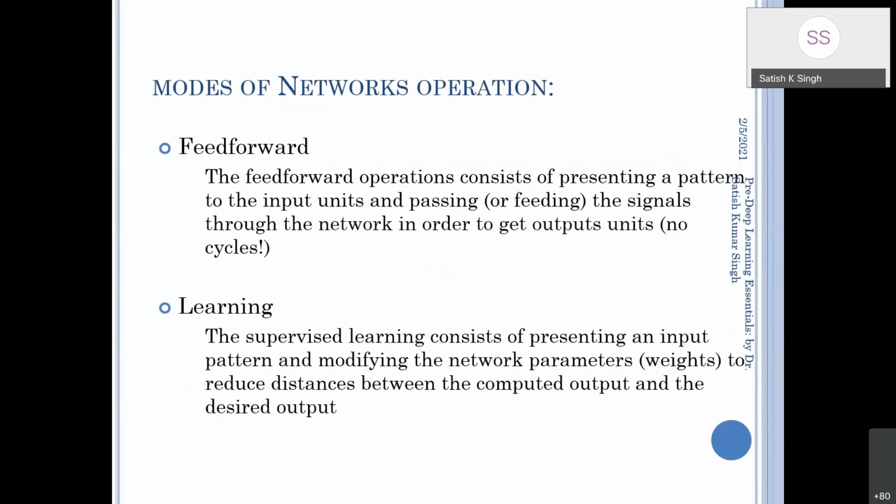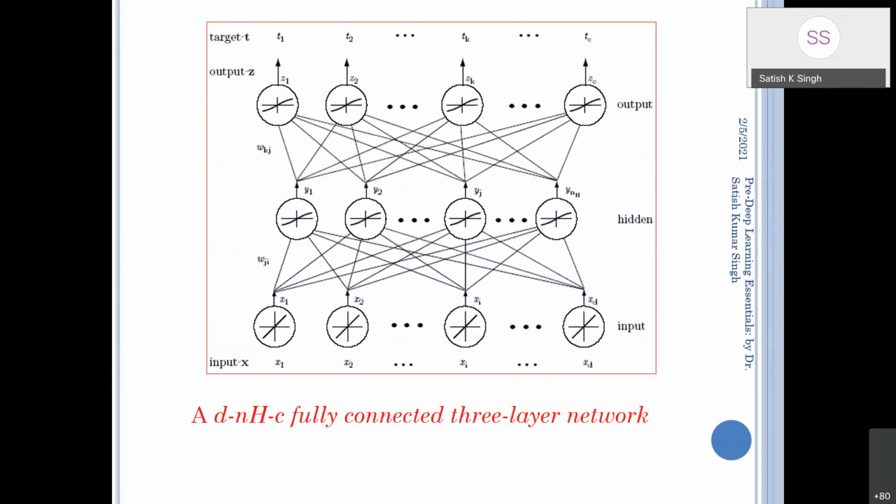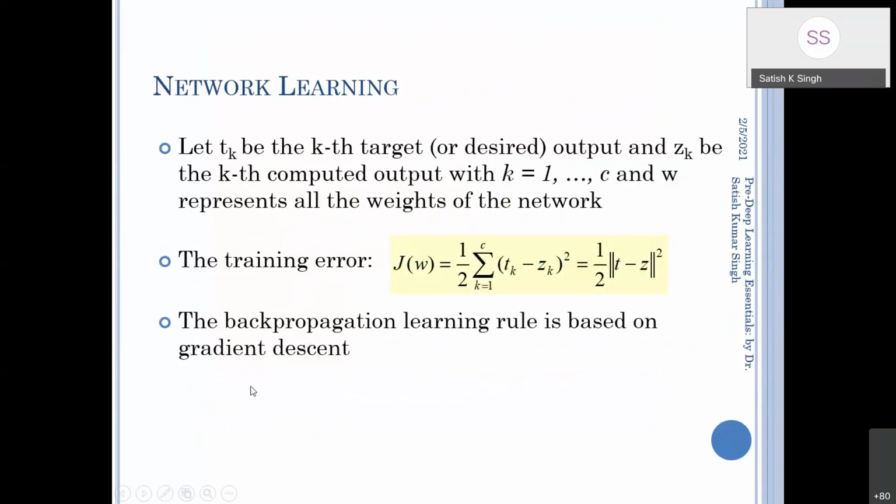So there are basically two modes of operation. I'm just skipping; there may be feed forward or learning. This is the general representation: a d-n_H-c fully connected 3-layer network, with input, hidden units, and output. Now, how does network learning happen? I have already discussed it.